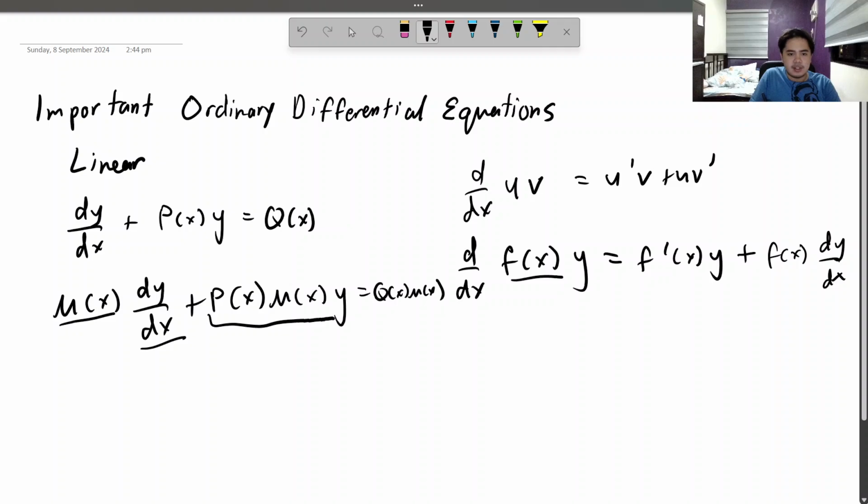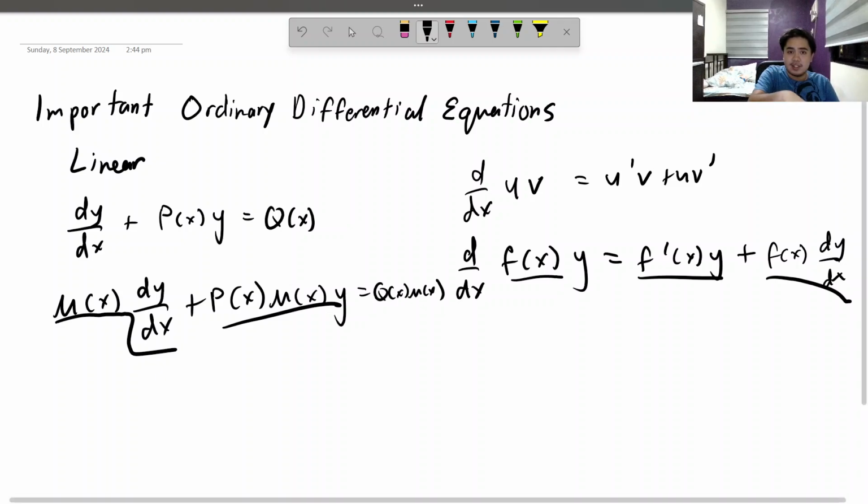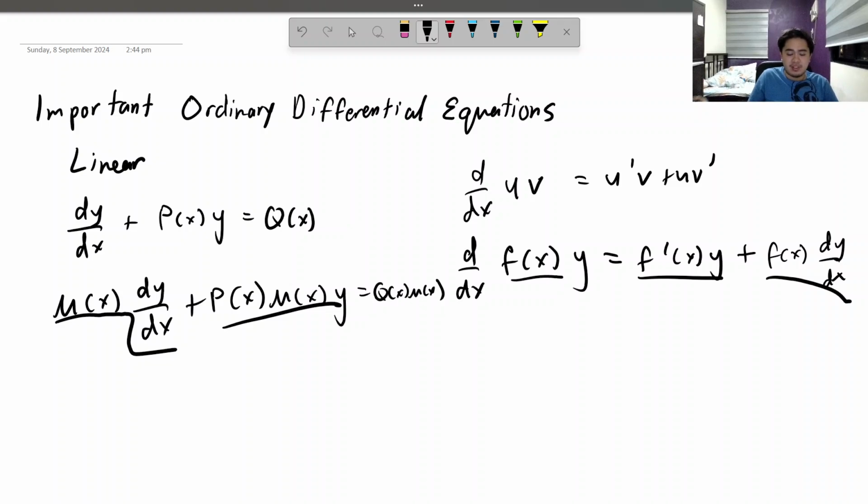But there is this right here, p of x times mu of x, which takes the place of f prime of x. So this and that match, but this and that have to match as well in order to make this possible to solve.